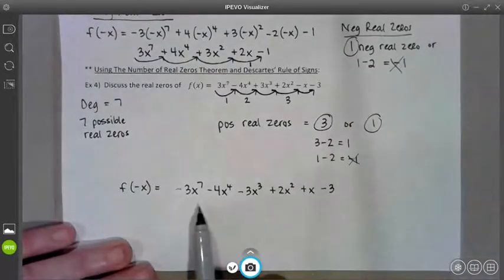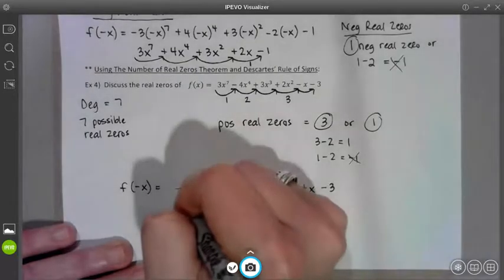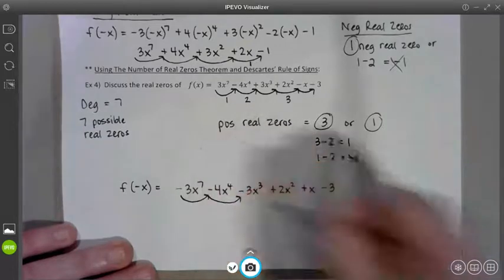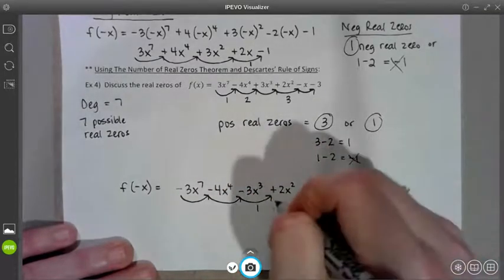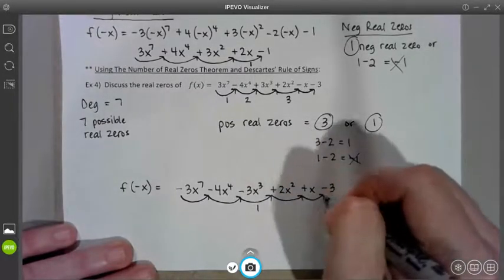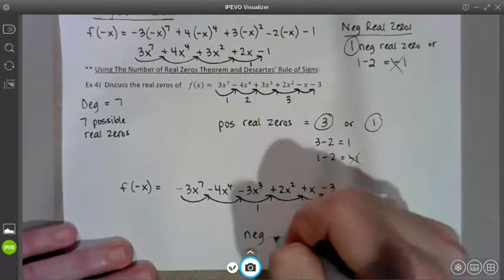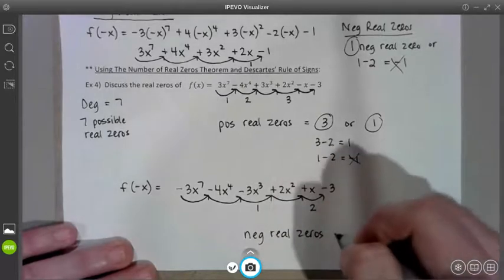All right, now let's count the number of sign changes in f of the opposite of x. All right, so negative to negative, nope. Negative to negative, nope. Negative to positive, that's one sign change. All right, positive to positive, nope. Positive to negative, that's our second sign change. So the number of negative real zeros is going to equal 2.